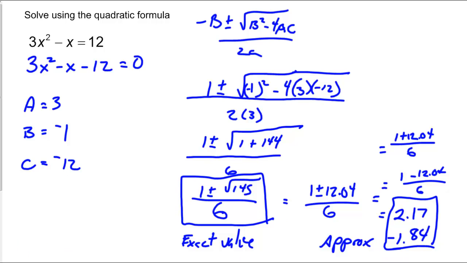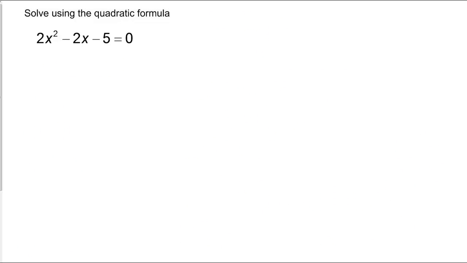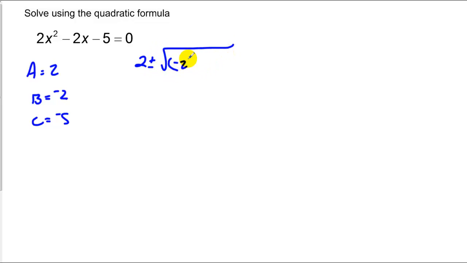So let's do another one. This is already set equal to 0. Identify a, b, and c. A is equal to 2. B is equal to negative 2. C is equal to negative 5. And then I have the opposite of b, so that's 2 plus or minus the square root of negative 2 squared minus 4 times 2 times negative 5, over 2 times 2.